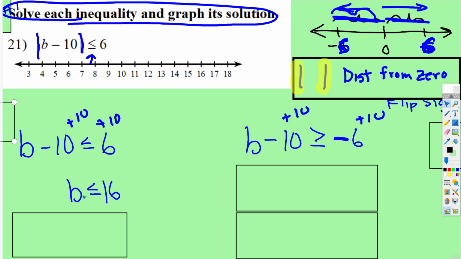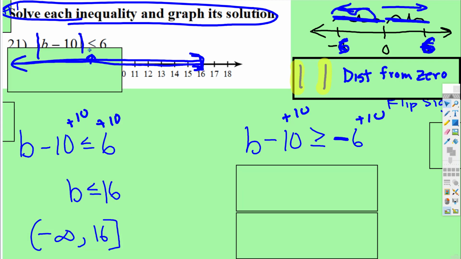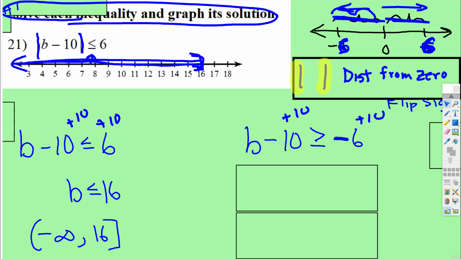So b are all the values that are smaller or equal to 16, so I'm going to put a square bracket, graph that. All right. And that would be the interval notation. B are all the values that are touching 16 and are smaller. So this is what the interval notation would look like.